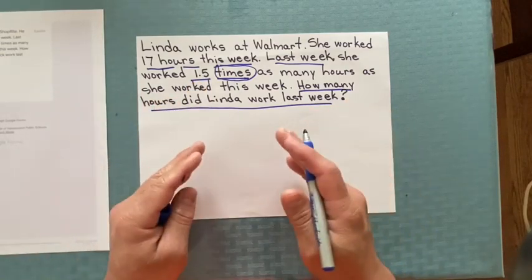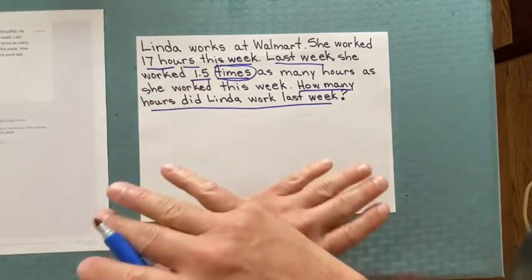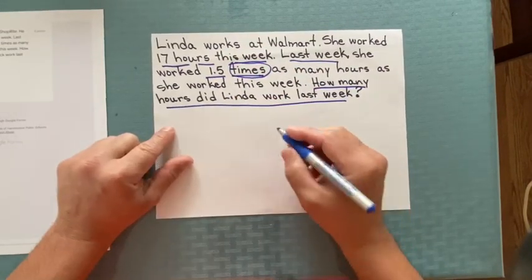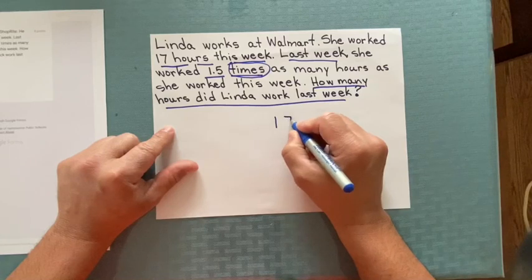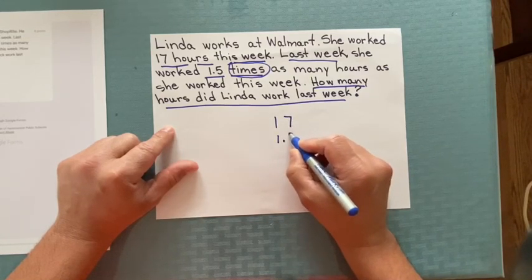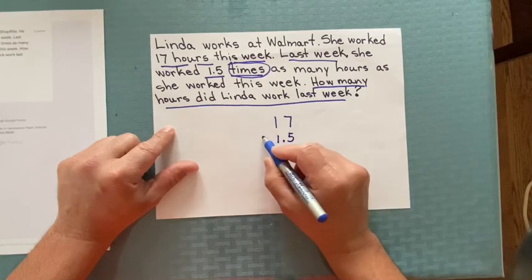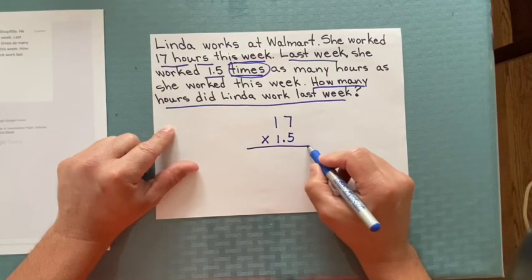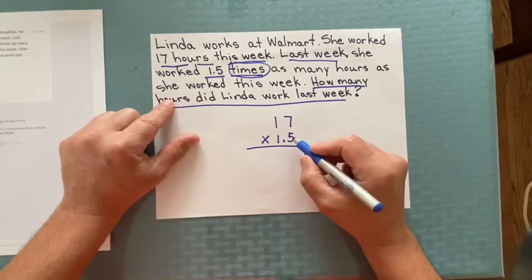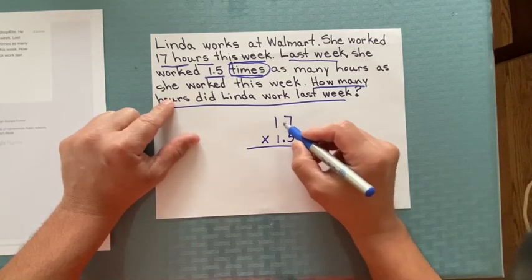As I told you earlier, when we multiply, we do not line up decimals, okay? So we put our 17 on top, and then at the bottom, we're going to put 1 and 5/10. Once again, not worrying about having to line up decimals. And we're going to ignore the decimal for now. We're going to multiply as we normally would with whole numbers. So we're going to go 5 times 7, that's 35.